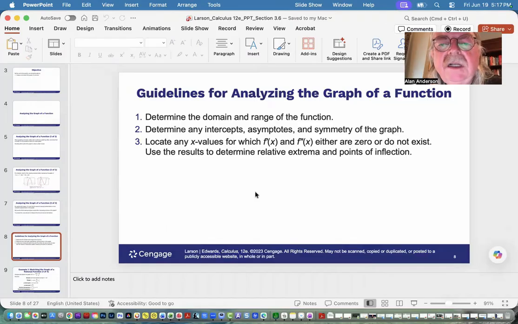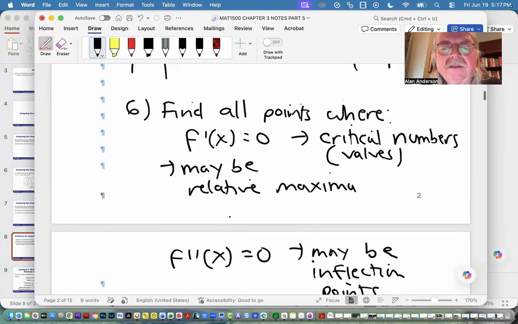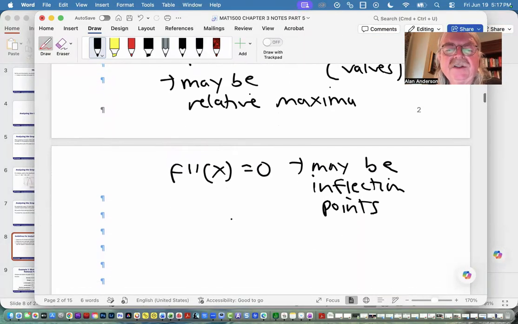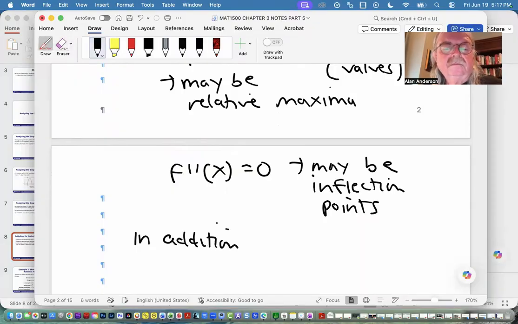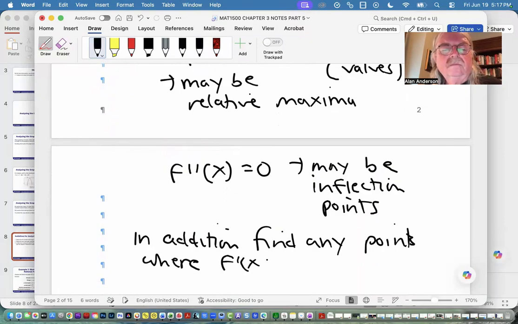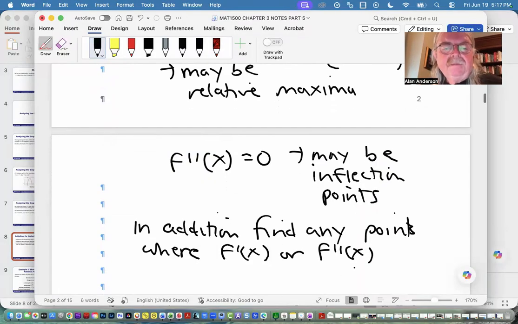Anything else? Or do not exist. I should include that too. I'll add that down here as a separate list. Okay, great.